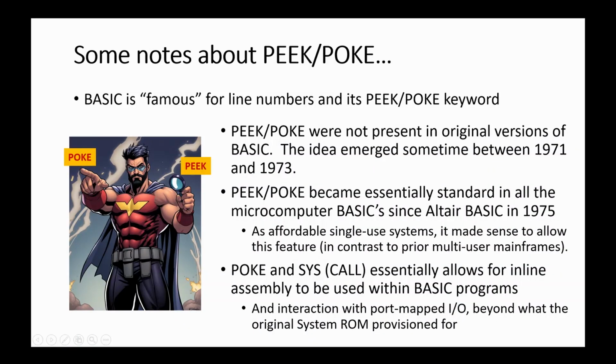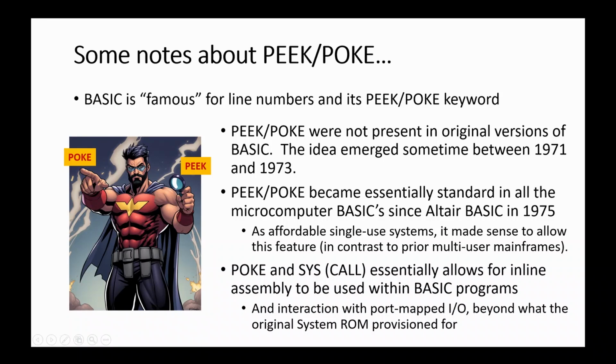BASIC is famous for 2 main things: that it has line numbers and that you can do peek and poke in BASIC. But just from a historical aspect, I wanted to emphasize that peek and poke weren't always in BASIC. It wasn't a fundamental thing from day one, and there are reasons for that.